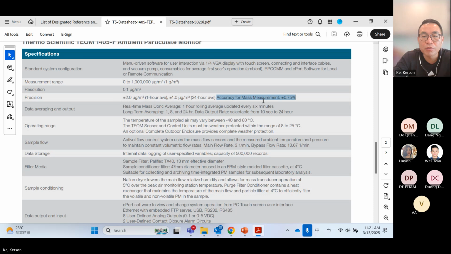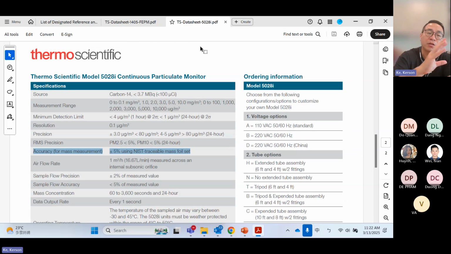So it looks like TEOM is more accurate. Yes, that's why TEOM is better. I think it's closer to the real data, the real situation, because it's a direct measurement compared to beta attenuation. We use the carbon 14 source, and we calculate the mass concentration by the difference of the source attenuation.